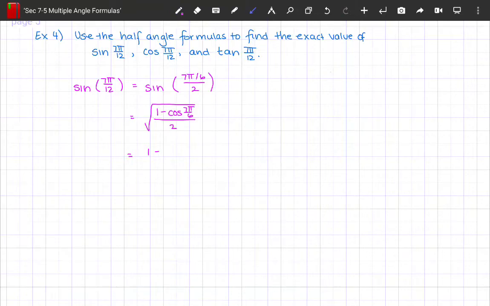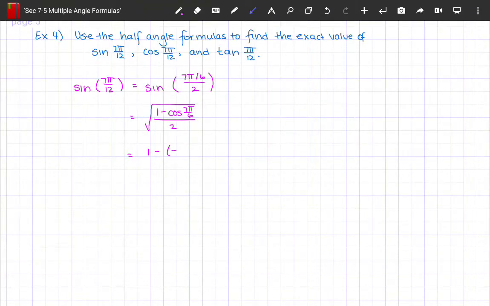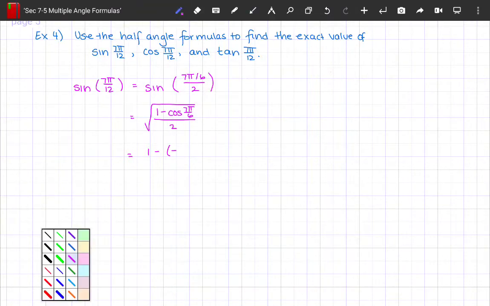So now let's figure out this. 7 pi over 6 is in quadrant 3, where cosine is negative. It's got a reference angle of pi over 6, and cosine of pi over 6 is root 3 over 2. And it's all over 2.